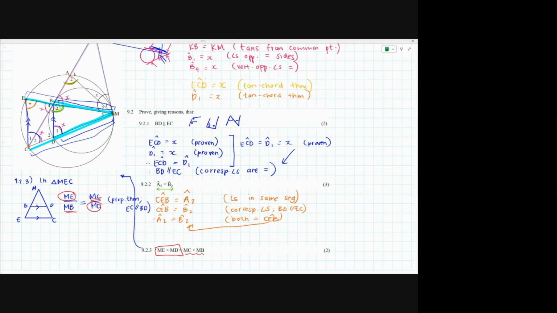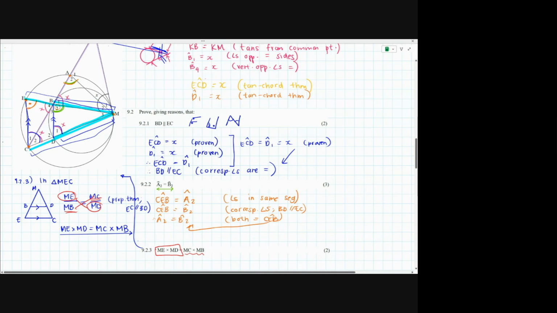If you have a look at where they are, they're at cross multiples with each other. So quite literally all I'm going to do is cross multiply this ratio and I'm going to get what I want. If I multiply both sides by MD, I get ME times MD. If I multiply both sides by MB, I get MC times MB. That's exactly what I wanted. I have to do nothing more.